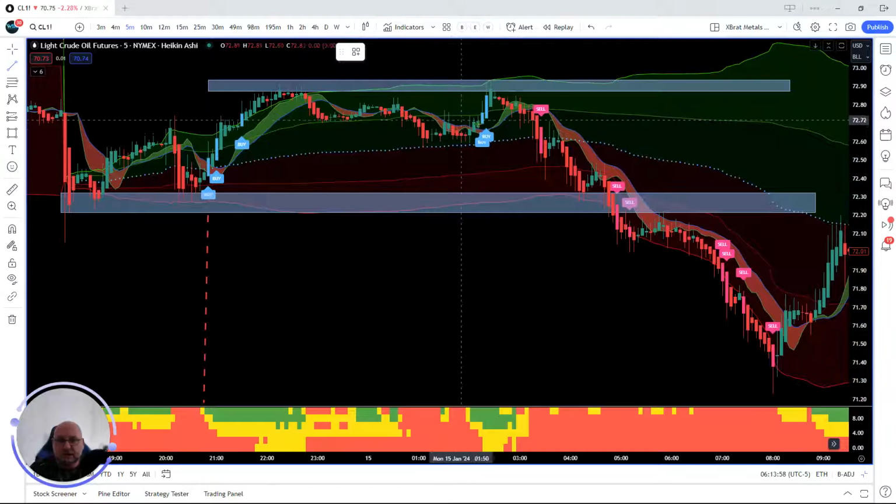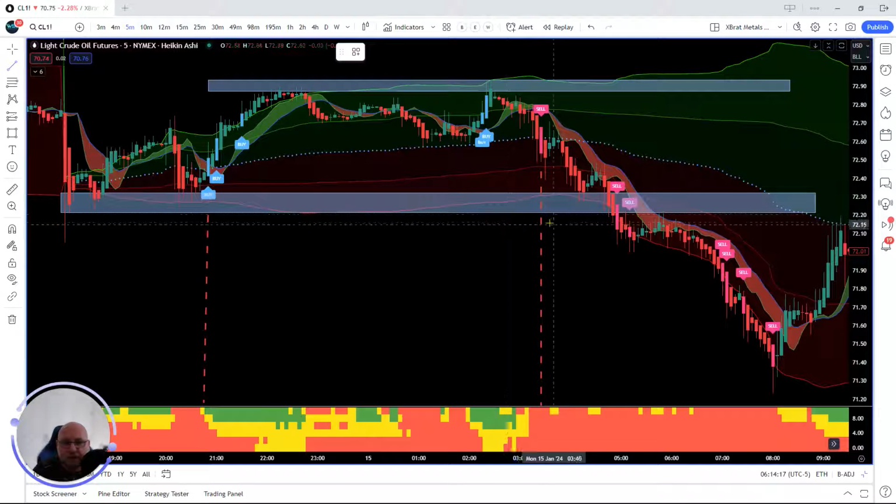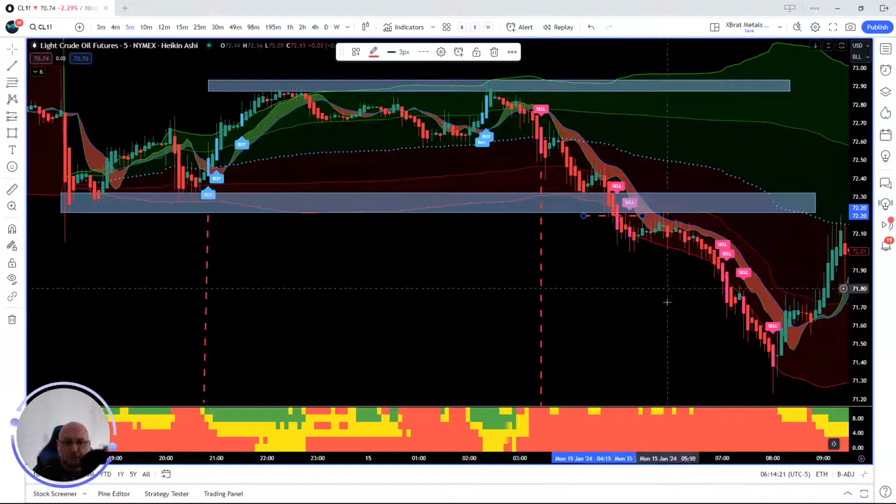Now we do get a sell signal at this point here. Okay, all 6 time frames are red, so we've got the signal, we've got the confirmation. Now a sensible trader will look for these overnight lows and enter the trade when it breaks those overnight lows, when we go through just there.